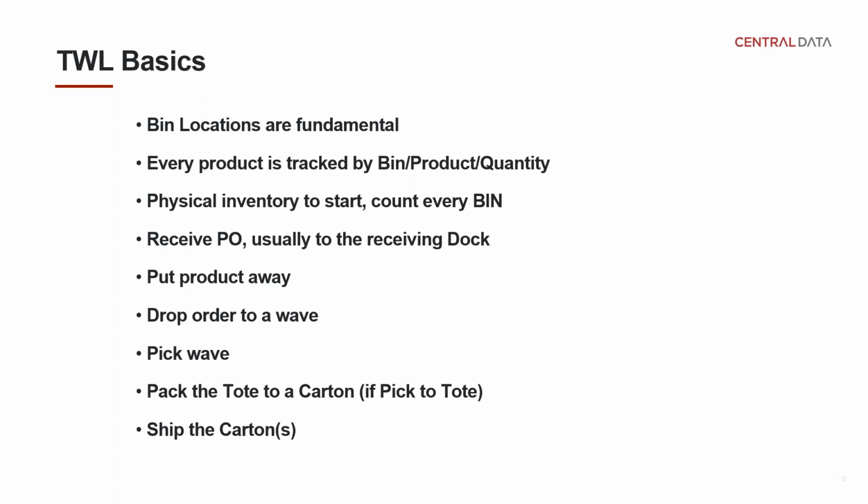So it tracks that. Now it knows I have 150 of this product, but not only that, it knows where those 150 are, 60 there, 60 there, and 30 here.